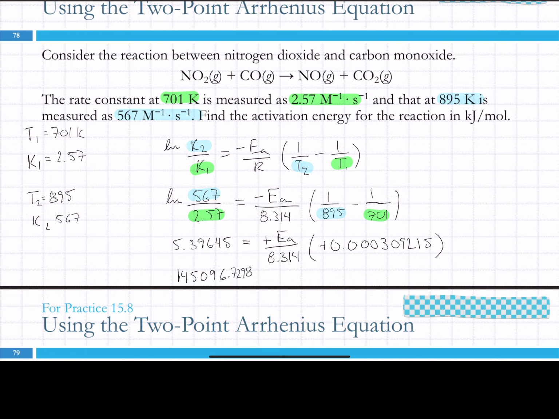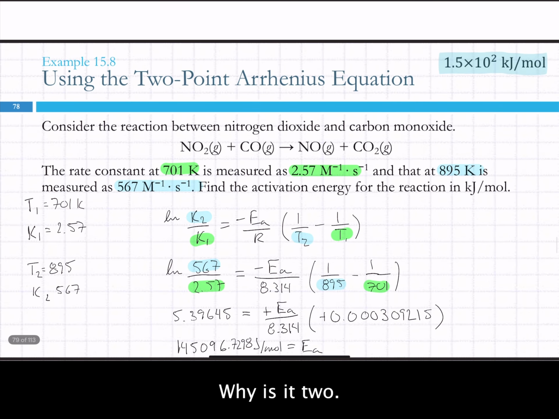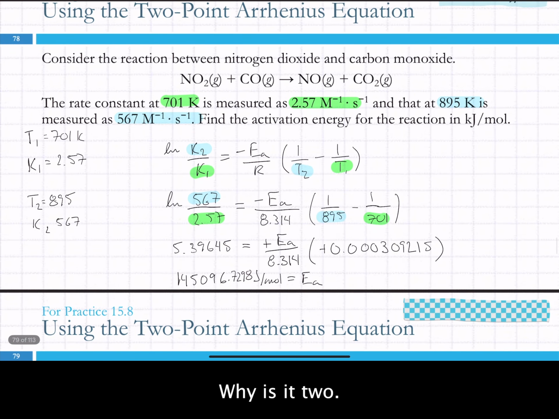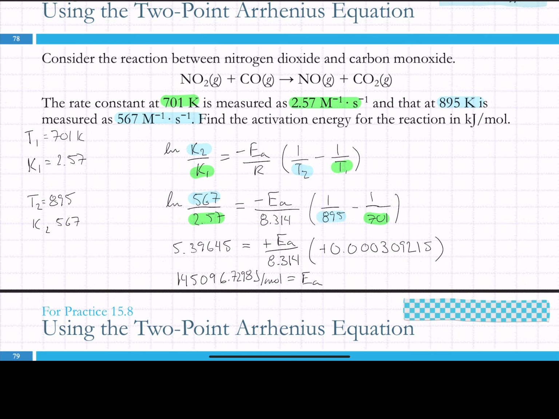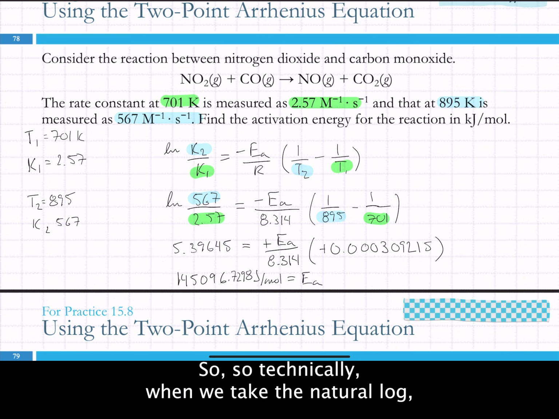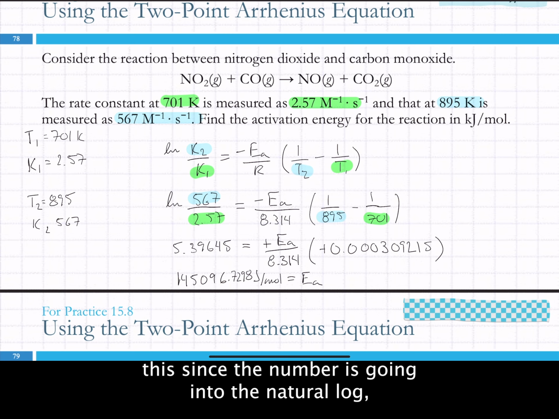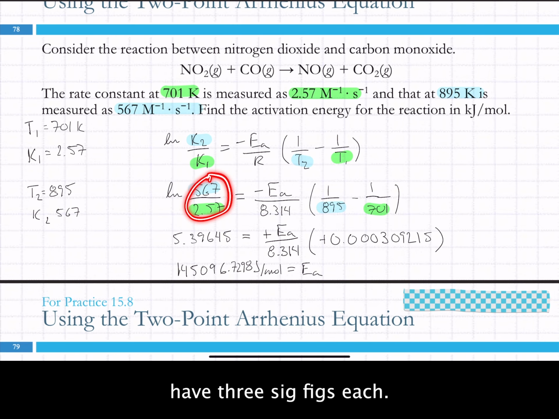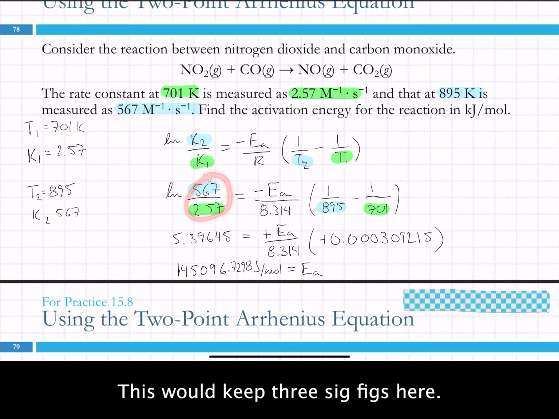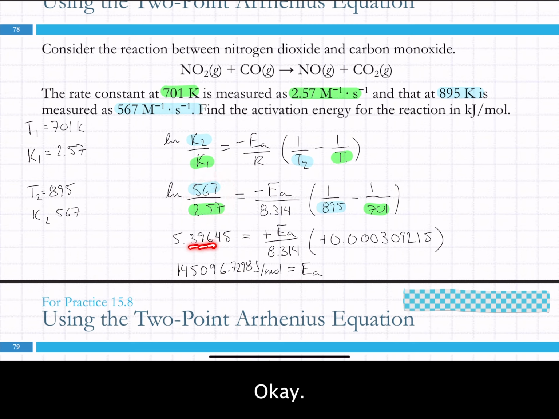Oh yeah, this one's sinister. Yeah, why is it 2? Because of the 2 decimals in the ln. So technically when we take the natural log, since the numbers going into the natural log have 3 sig figs each, this would keep 3 sig figs here.